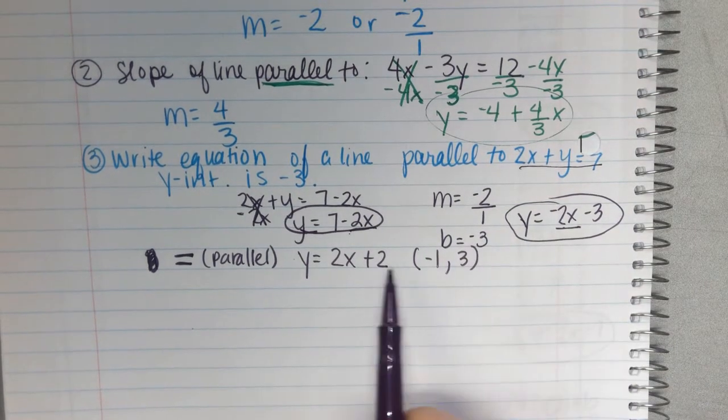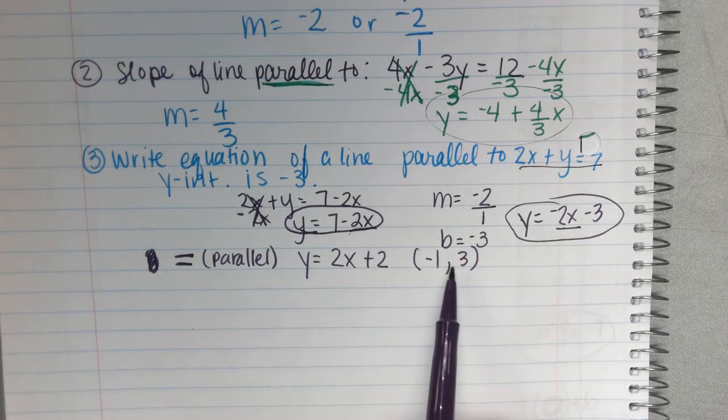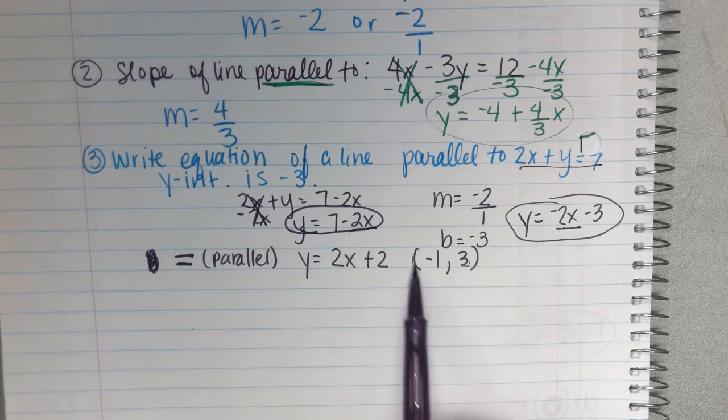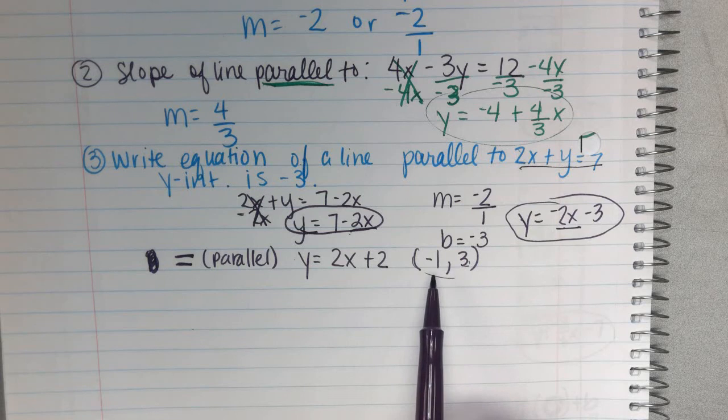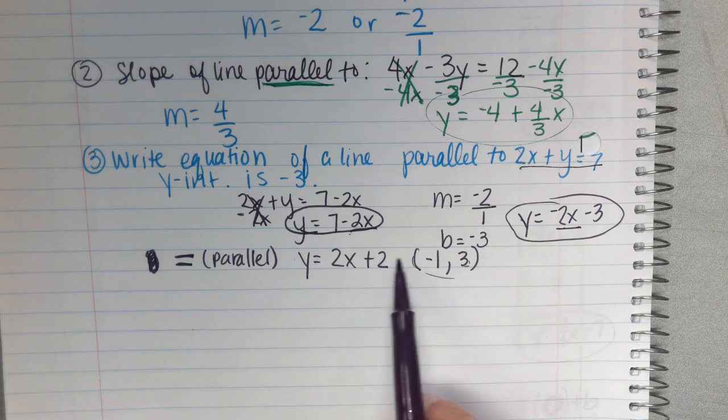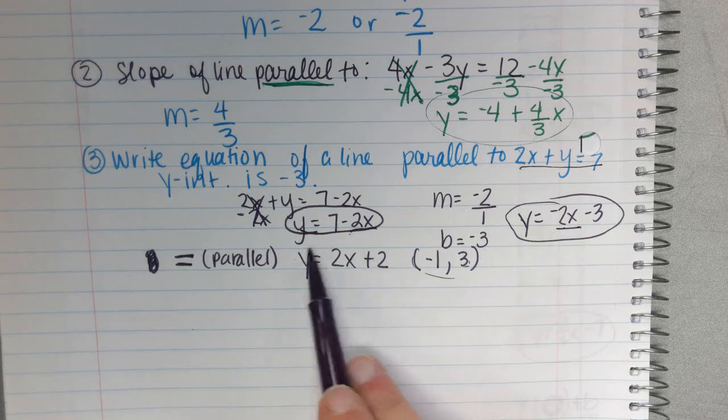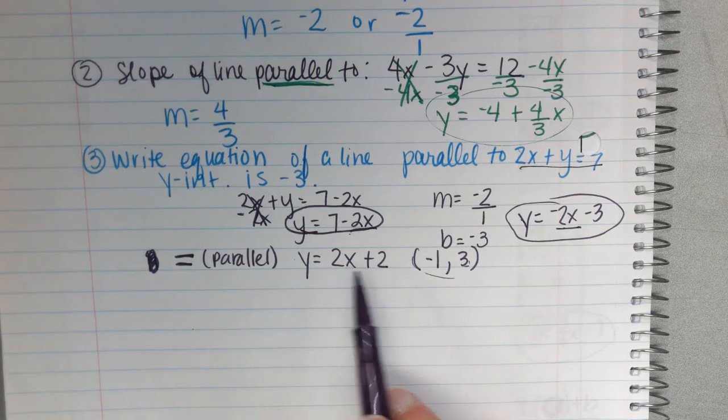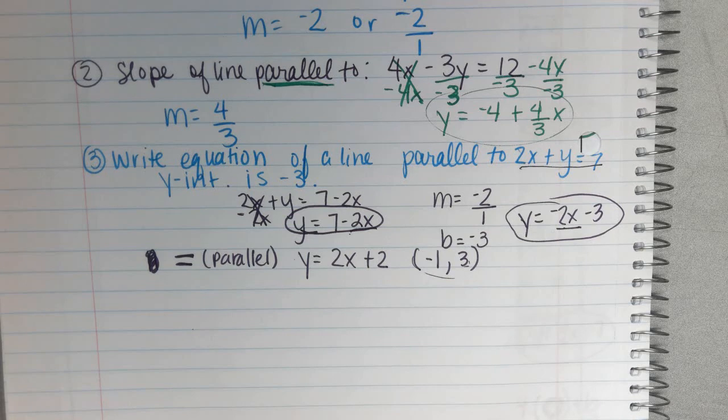Well, this time I'm not giving you the y-intercept, but we know that we can use this point here, and we can find the y-intercept. How do we find the y-intercept? By plugging in the y and the x to y equals mx plus b, and we would get the y-intercept.